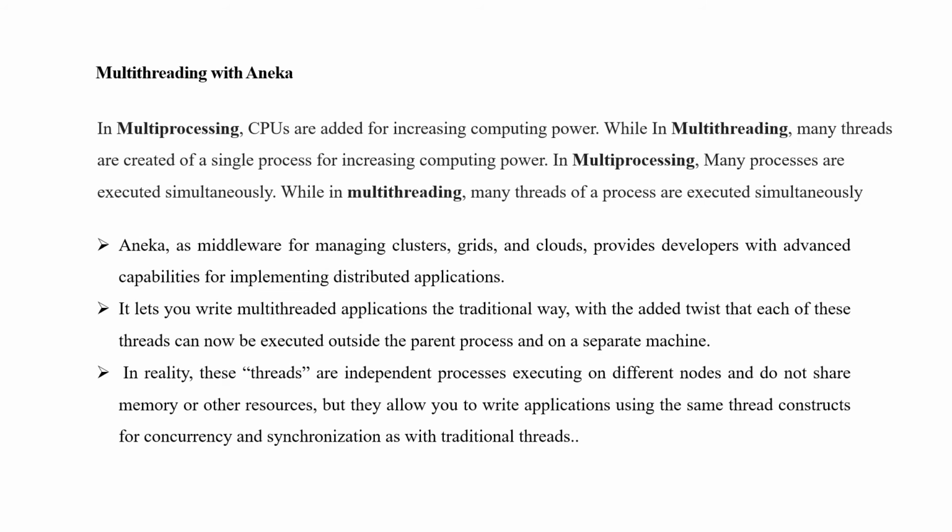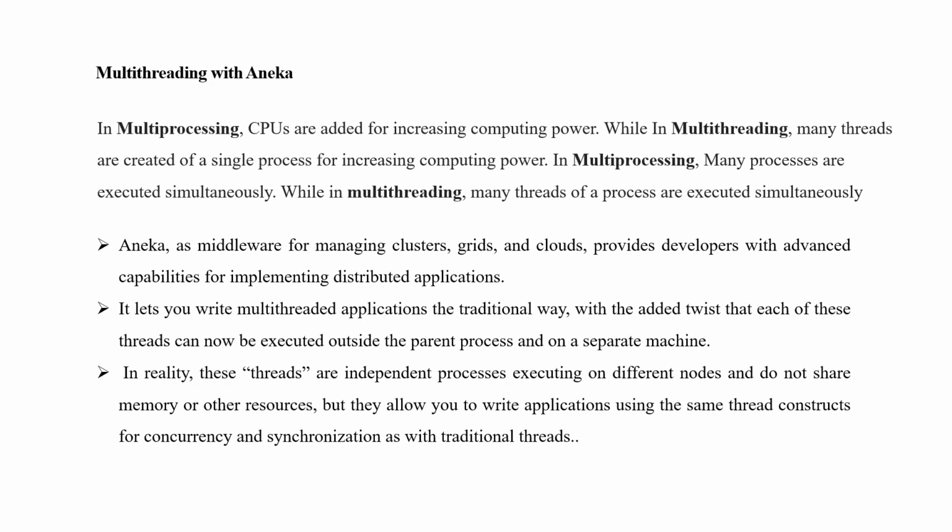So let us understand the difference between multi-processing and multi-threading. In multi-processing, CPUs are added for increasing computing power, while in multi-threading, many threads are created of a single process for increasing computing power.